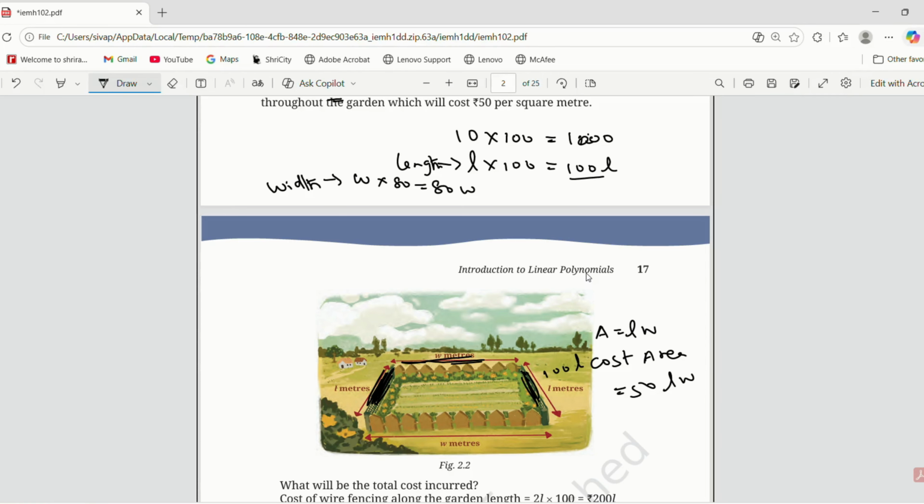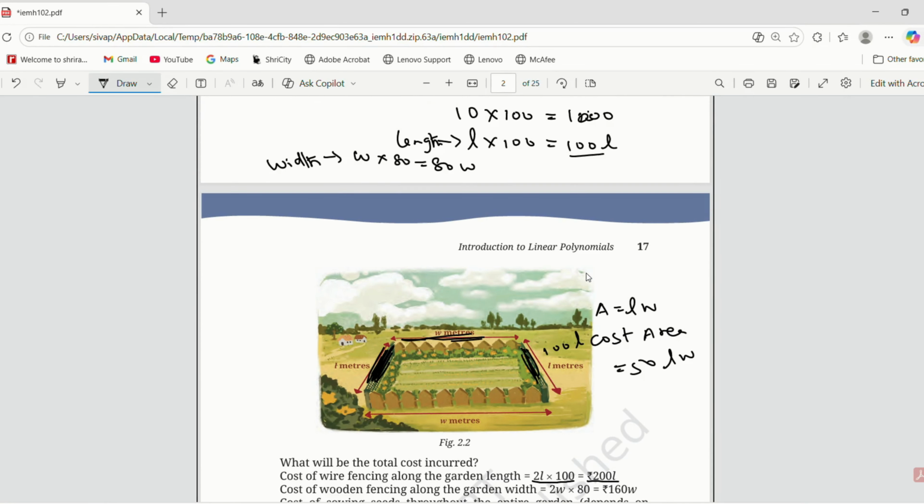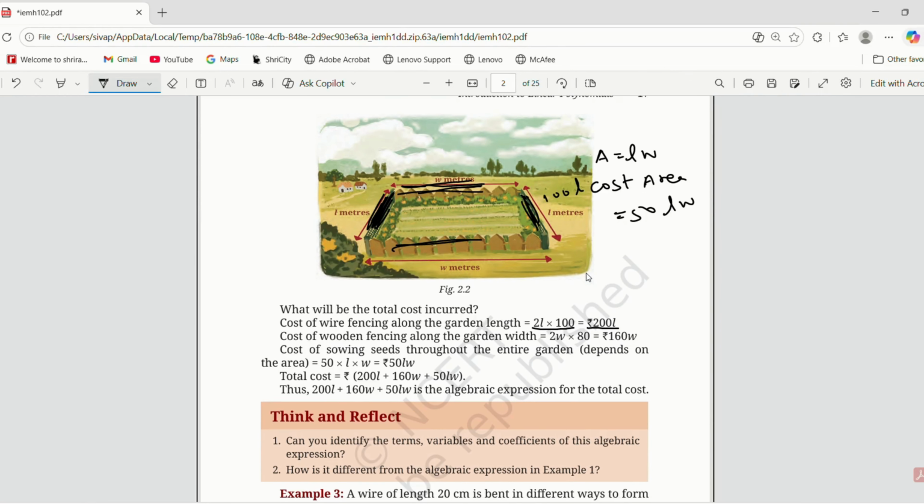So 100 plus 100 is going to be 200 in total. That is how the cost of wire fencing along the garden is 2 into 100L, which is 200L. Similarly, for one side of width we have to spend rupees 80 into W, so for both sides it is 2 into 80, which is 160. So we have to spend rupees 160W.